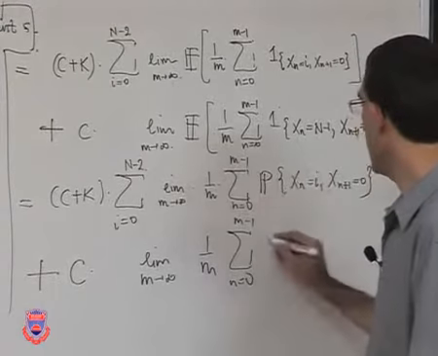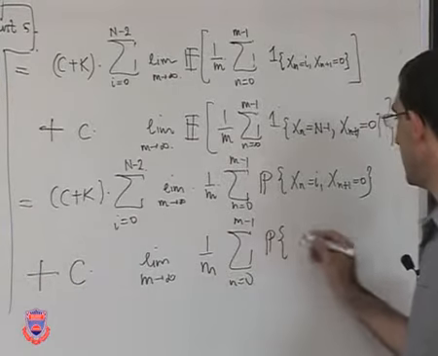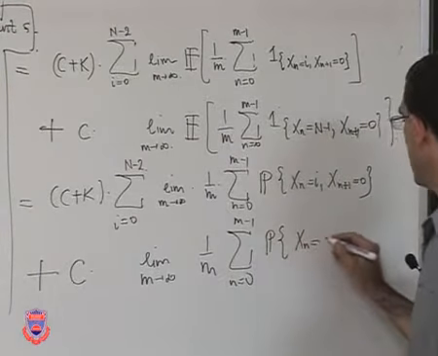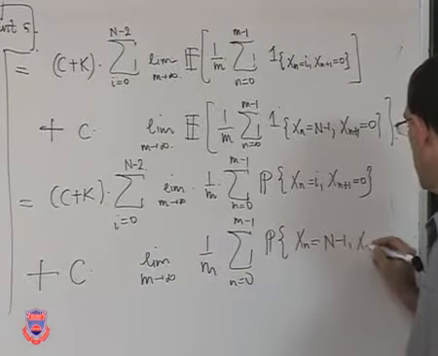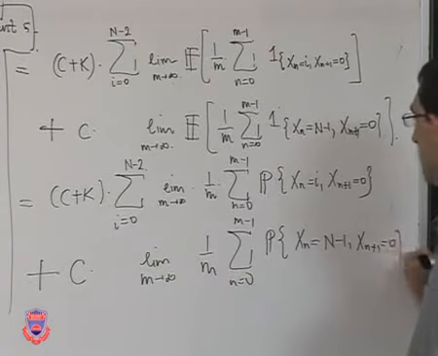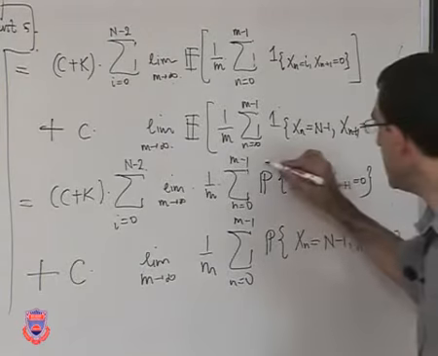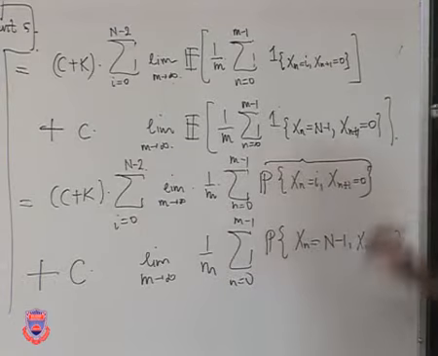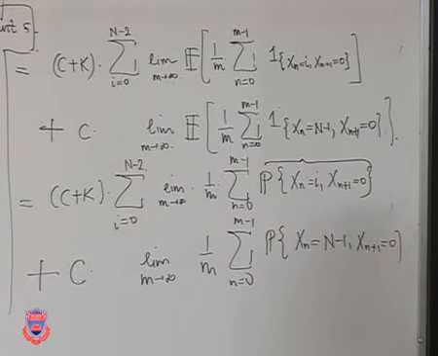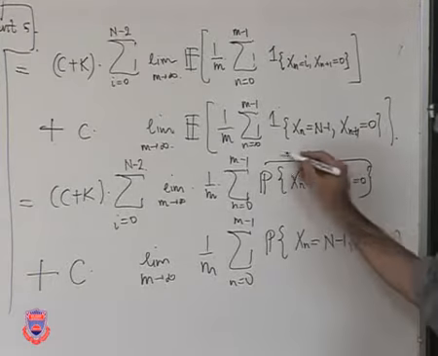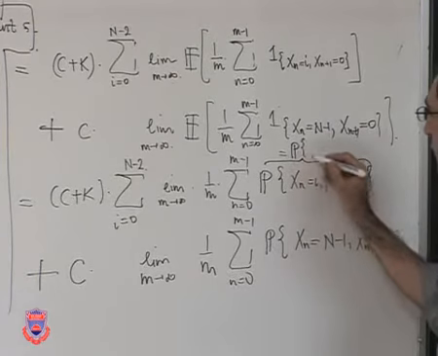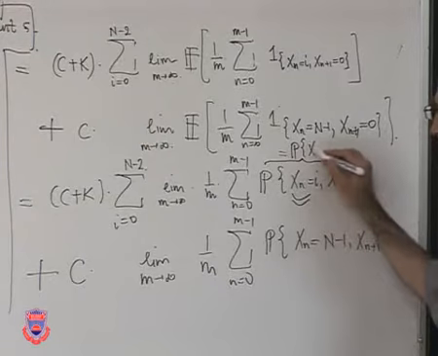The expected value of this indicator random variable, I have that, which is actually just the same thing except i is now a concrete number. So what is this? We can again use the Markov property. This is the same as, we can condition on this.